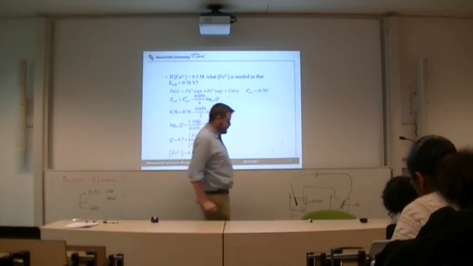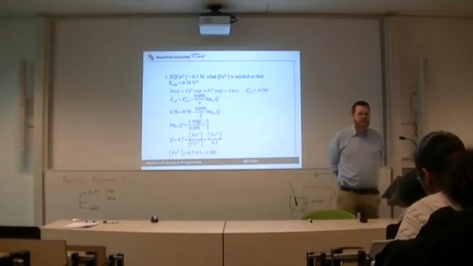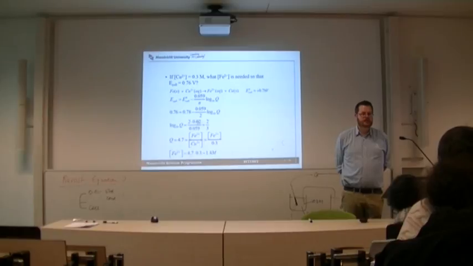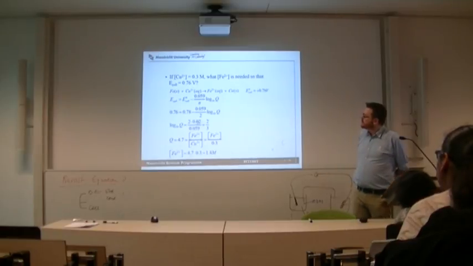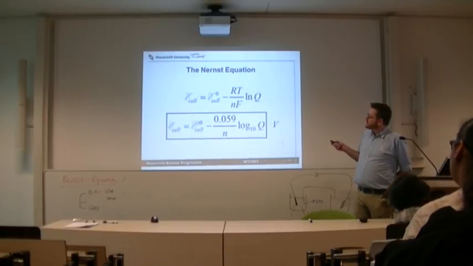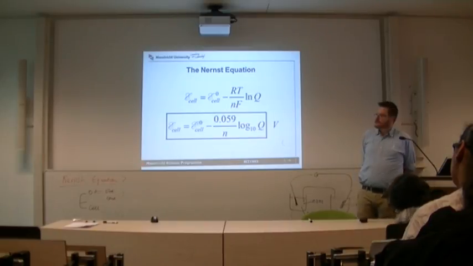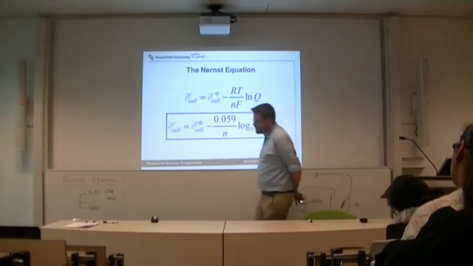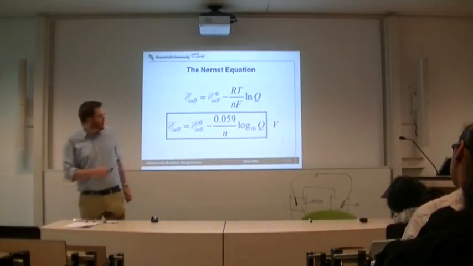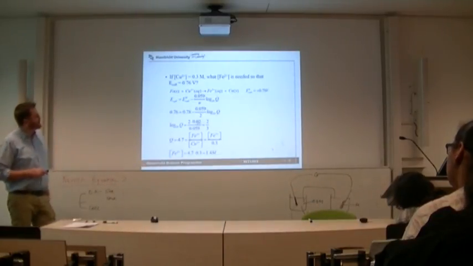The 0.059 is RT over NF, essentially, and I did a change of base here. It's just a simplified version of the Nernst equation. It's essentially a constant. You can use either, but this is the easiest form of it.